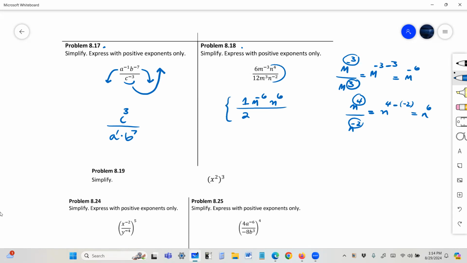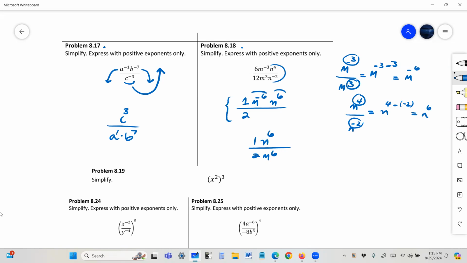So this is my temporary final answer, but I have to handle the m to the negative 6. Now, as we said before, this is negative here, and if it is negative in the numerator, then it goes to the denominator with the positive exponent. So the m to the minus 6 goes to the denominator and becomes m to the positive 6. Now the n to the 6 stays right here.